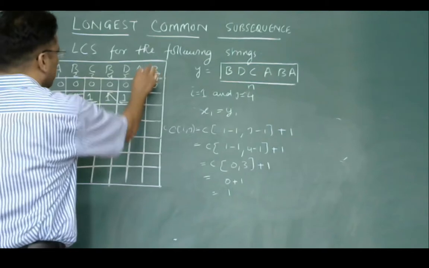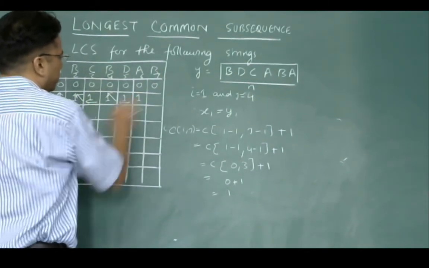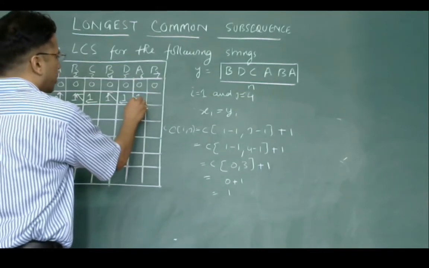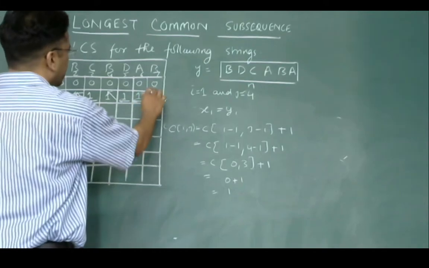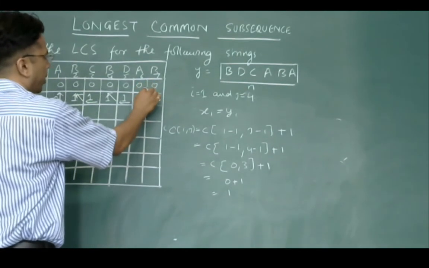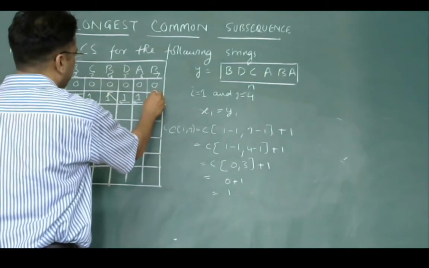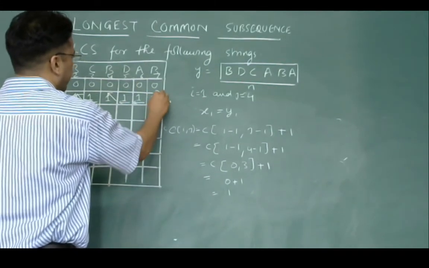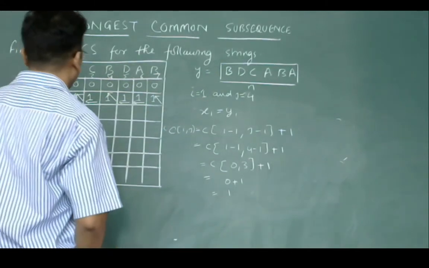Similarly, b and a, there is no matching, so among 0 and 1, 1 is greater, we shall place a 1 and the arrow will be towards the greater value. Similarly, between b and b there is a match. In that situation, we add 1 to the diagonal element and place that value at the position. So 0 plus 1 is 1, and there would be an inclined arrow as there is a matching.